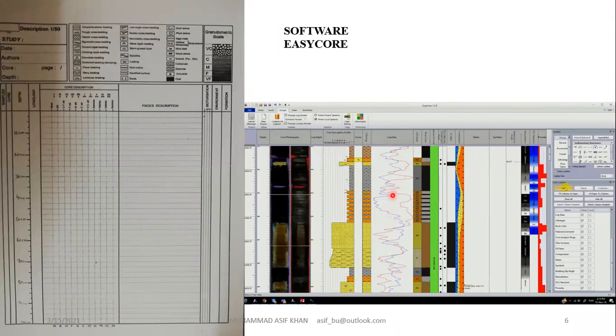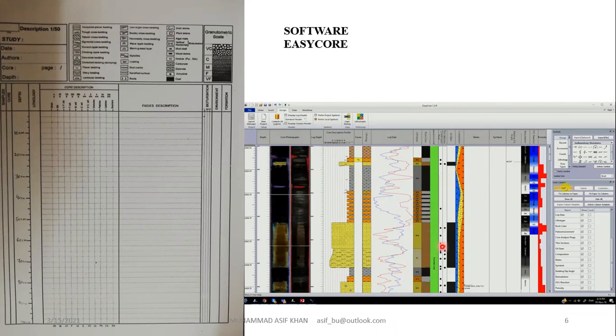As I said earlier, it is necessary to match the depth with gamma ray. Sometimes in a lab they run a gamma ray just to get the information from this core as well.